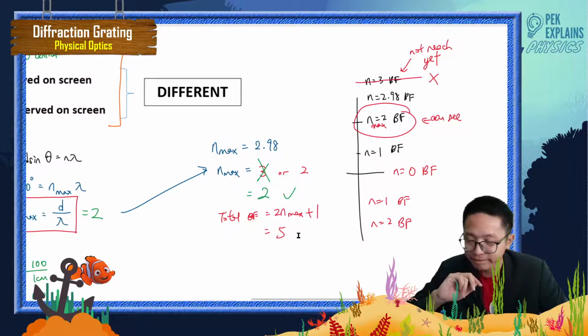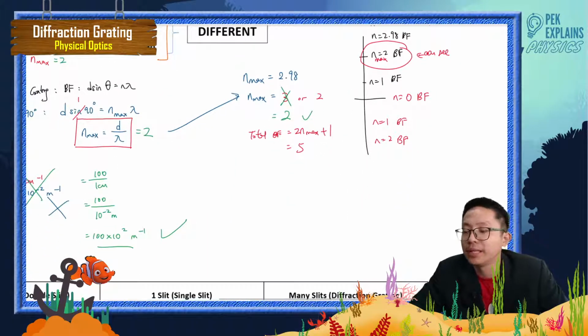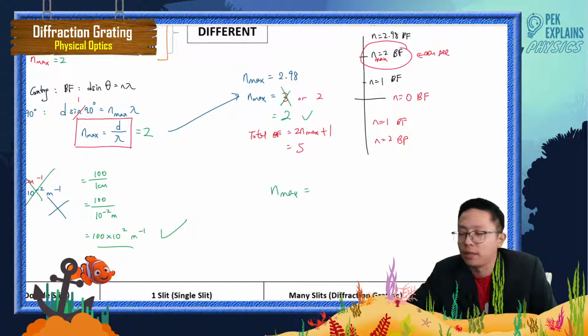Okay? One more thing. Let's say I give you another quiz. Let's say the n maximum you got is 17.95.